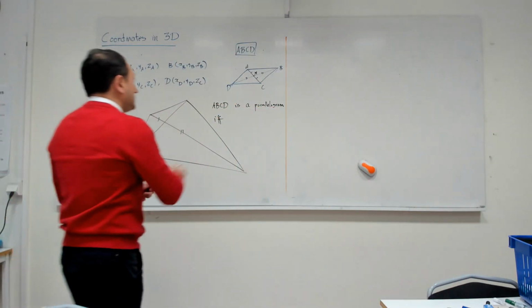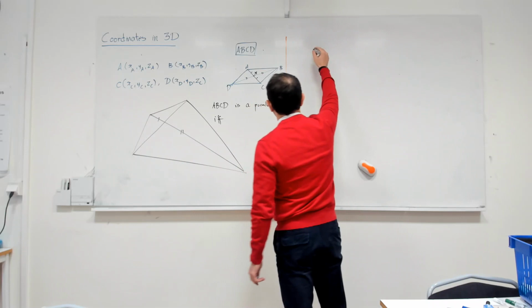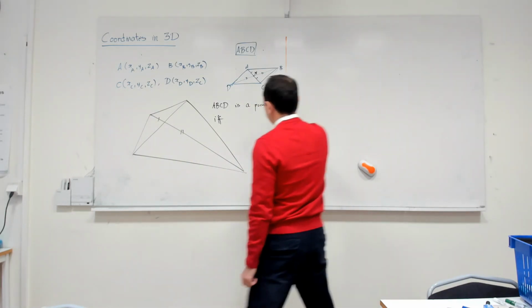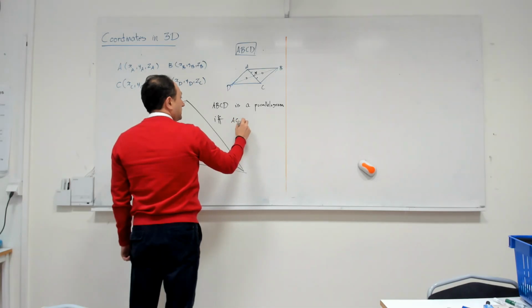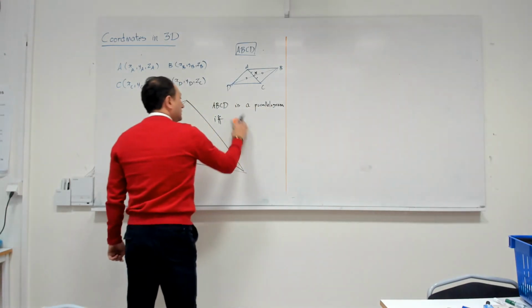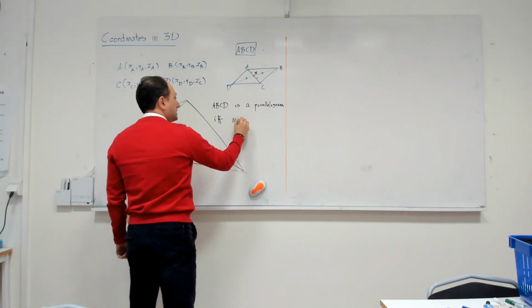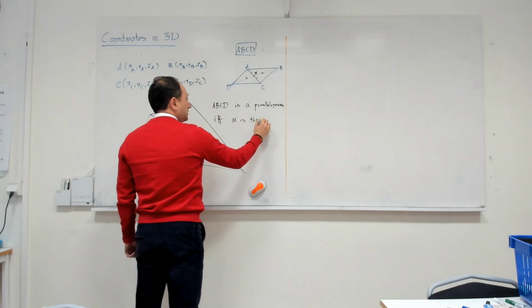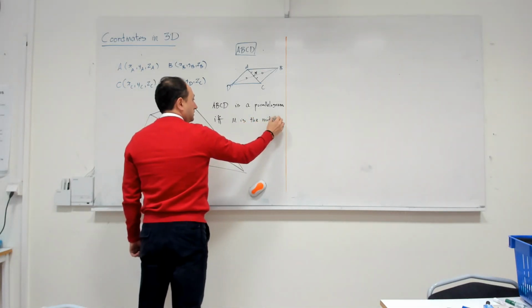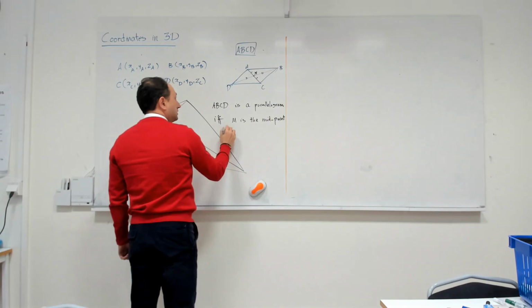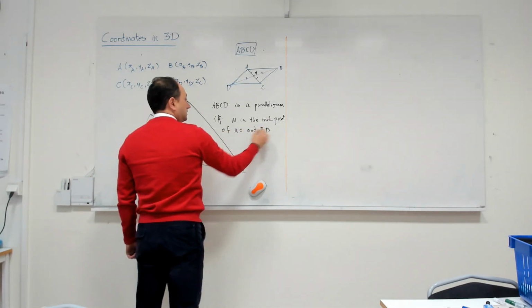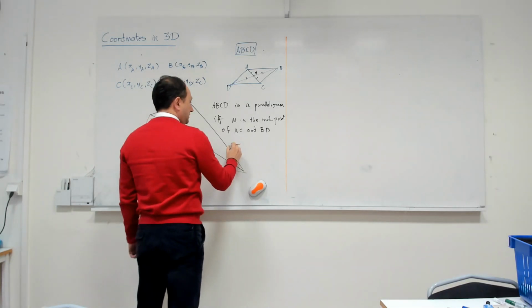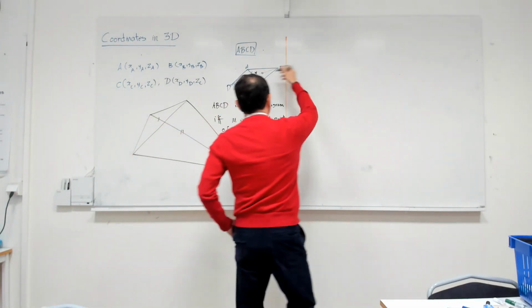I would say that M is the midpoint of AC and BD if and only if this happens.